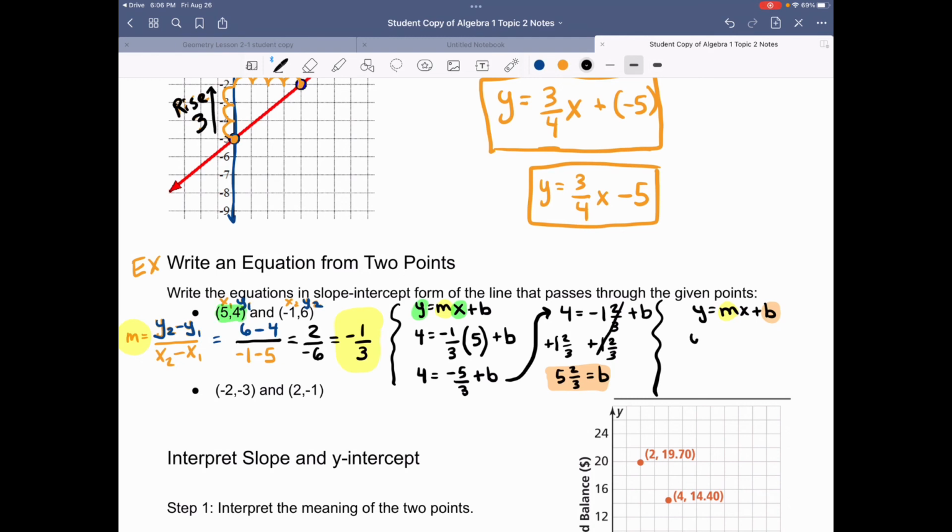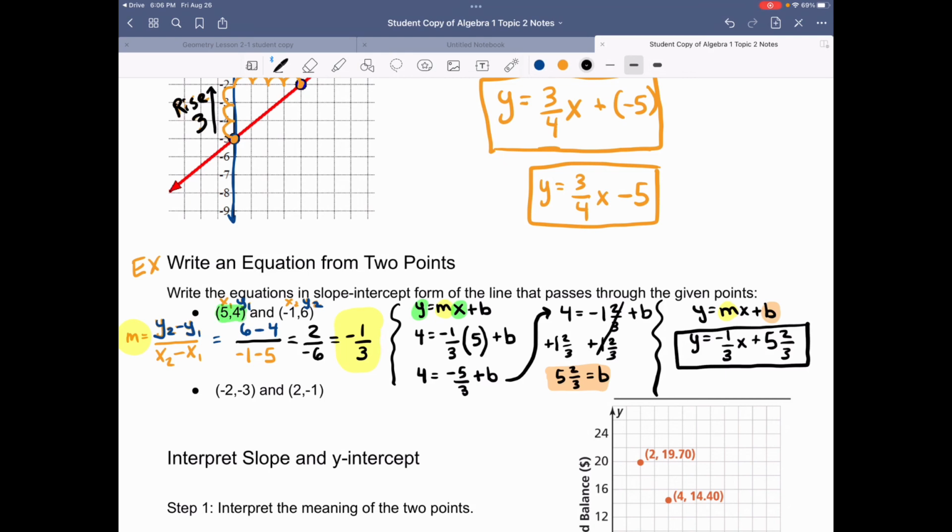This would be really beneficial for you to re-watch this video and practice the problem again, because this is tricky. So for the slope, we filled out negative 1/3, and for the y-intercept, we substituted in 5 2/3. And this is our final answer.